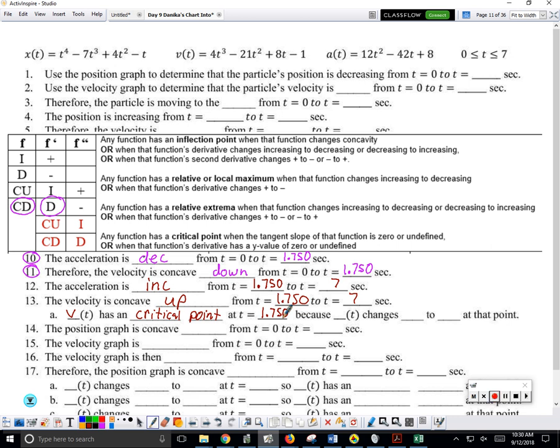Inflection point, because we're talking about concavity now. So this should say inflection point. At 1.750, because the velocity changes from concave down to concave up at that point.